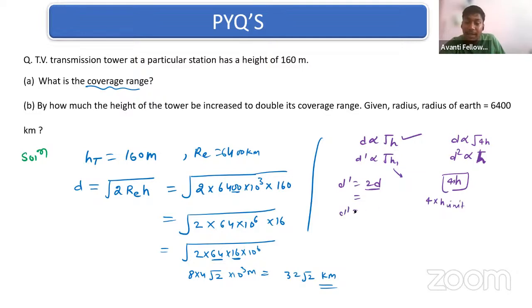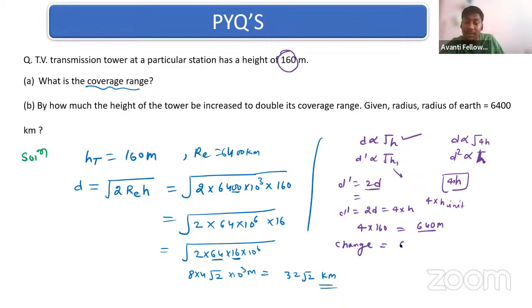Then the final height will be 4 times the initial height. What is the initial height here? The initial height is 160 meter. Then this will be equal to 640 meter. And the initial height is 160.